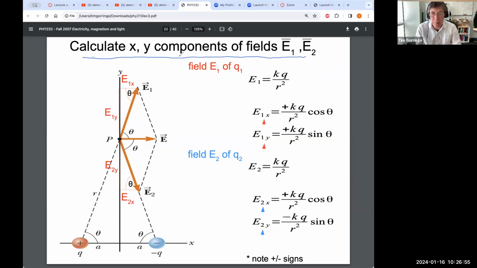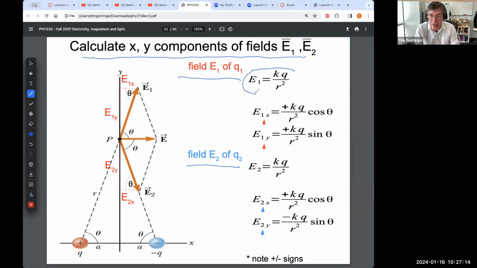I'll go through E1 in more detail, and then I'll go through E2 downstairs here more quickly, because it's the same approach for E1 and E2. There's just a small difference. So let's take E1. What's the strength? What's the magnitude of the field due to charge Q1 that we're calling E1?